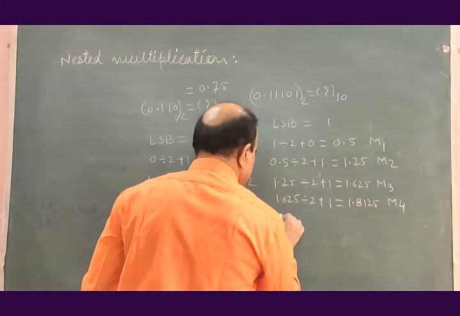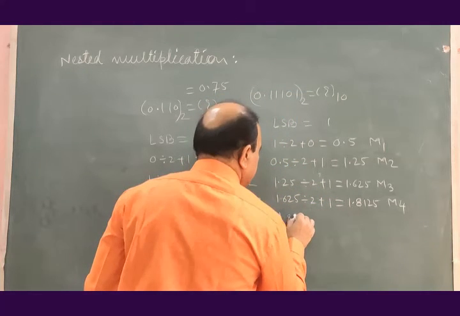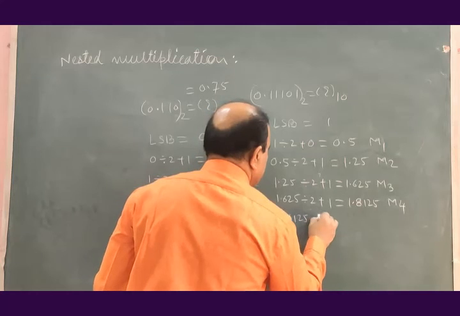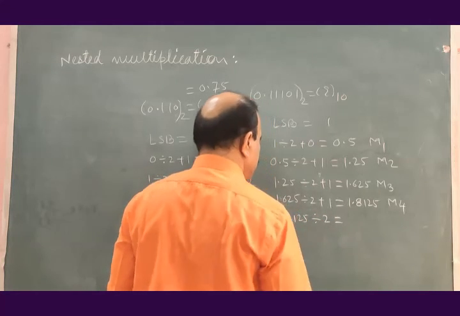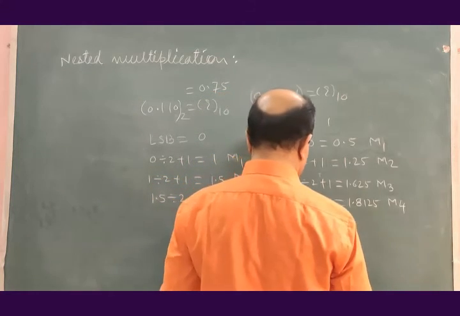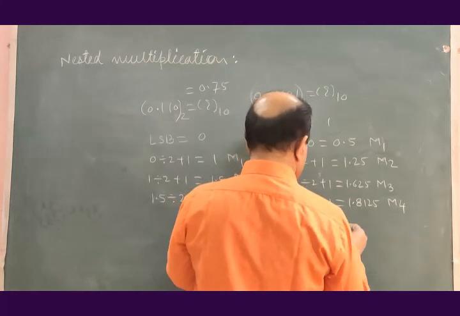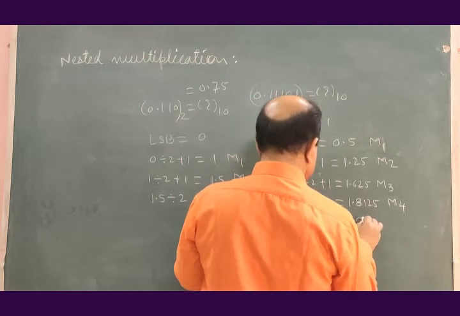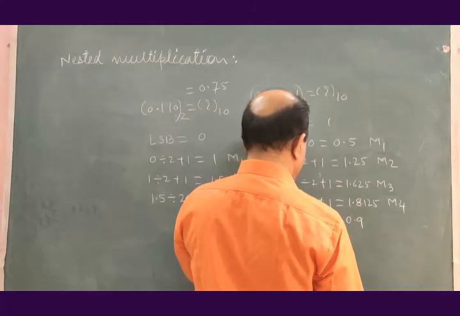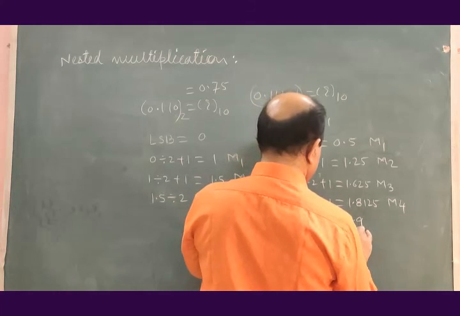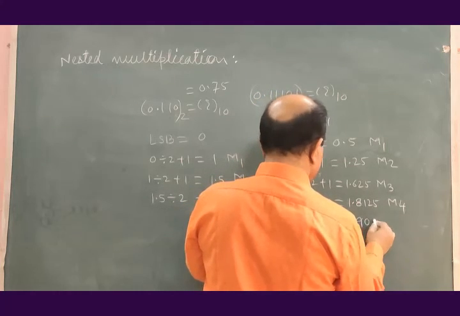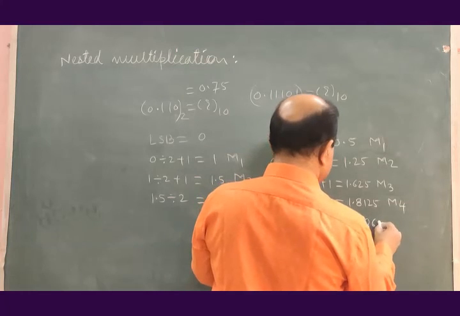Divide this further by 2. 1.8125 divided by 2 is equal to 0.90625.